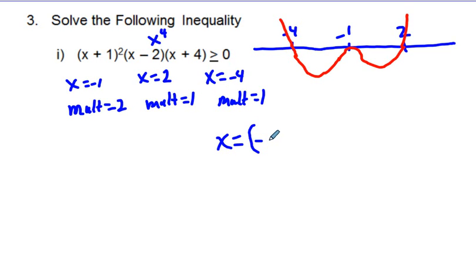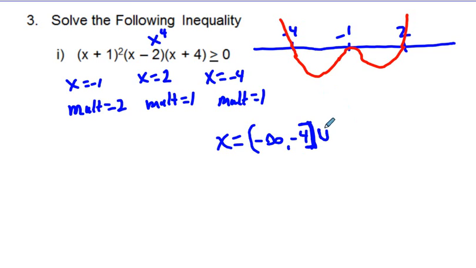So we're going to have negative infinity to negative 4, but including negative 4. So we're going to bracket that negative 4. And also we're going to have negative 1.